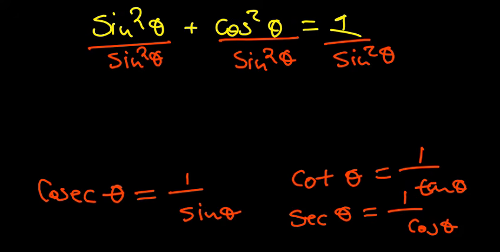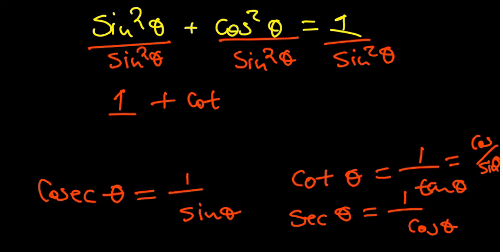So what do we know? We know if you divide something by itself, it will give you a 1. So we have a 1 there. Now cos over sine, I said 1 over tan is the same as cos over sine. So we did talk about the tan identity. So cotangent is also equal to cosine over sine theta. So that is cotangent.